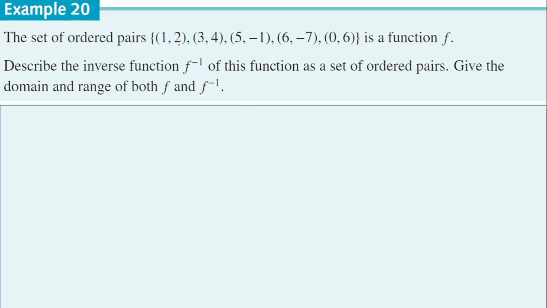Corresponding, you have 2, 4, -1, -7, and 6. There are actually no repeats, so it is a one-to-one function. So the first thing is you want to describe the inverse function here and define the domain and range of both functions.